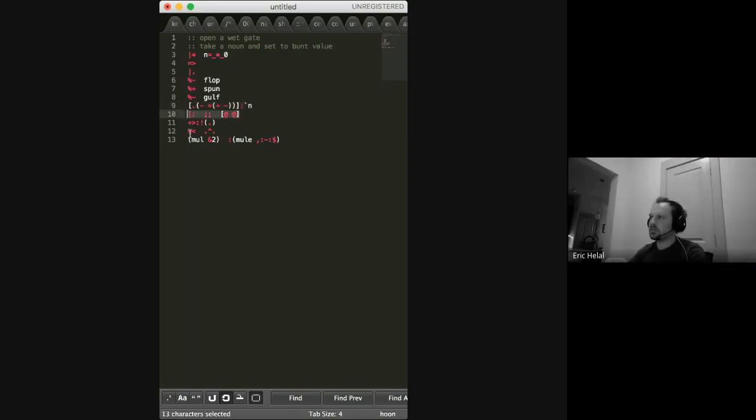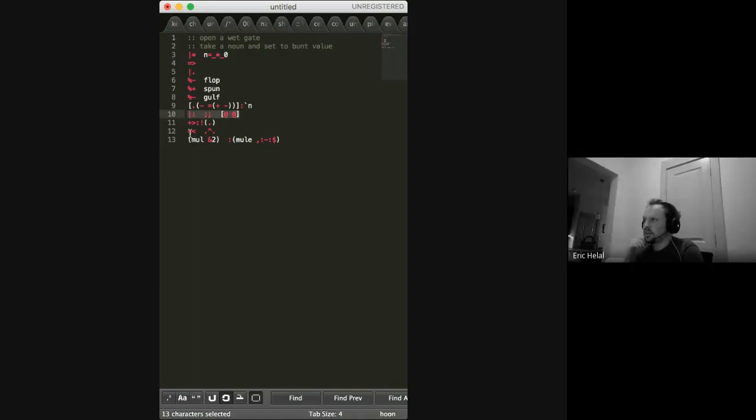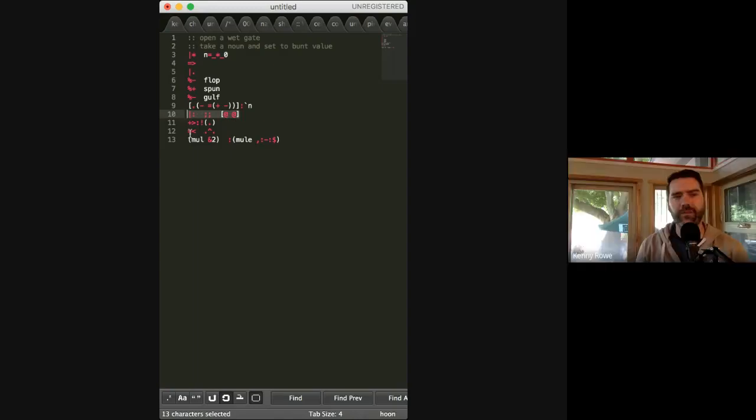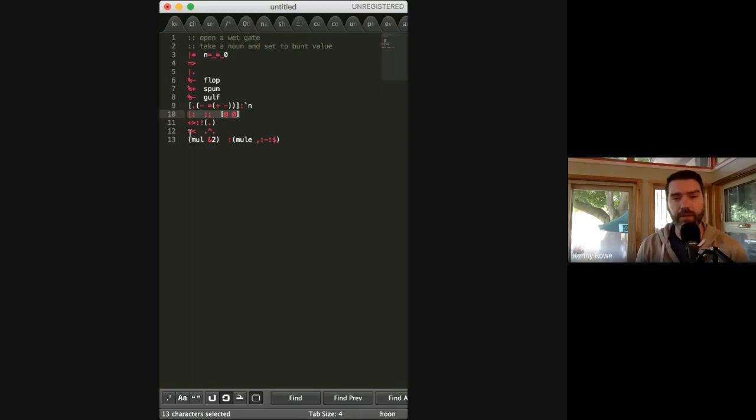Well, golf produces a list between two values. Oh. I think that's right. I think line 9 must produce a list. But you said golf creates a list of two values. Oh yeah, sorry, you're right. It must produce a value from two values. But you're going to get a list at the end of that, which then you're going to do something with here.